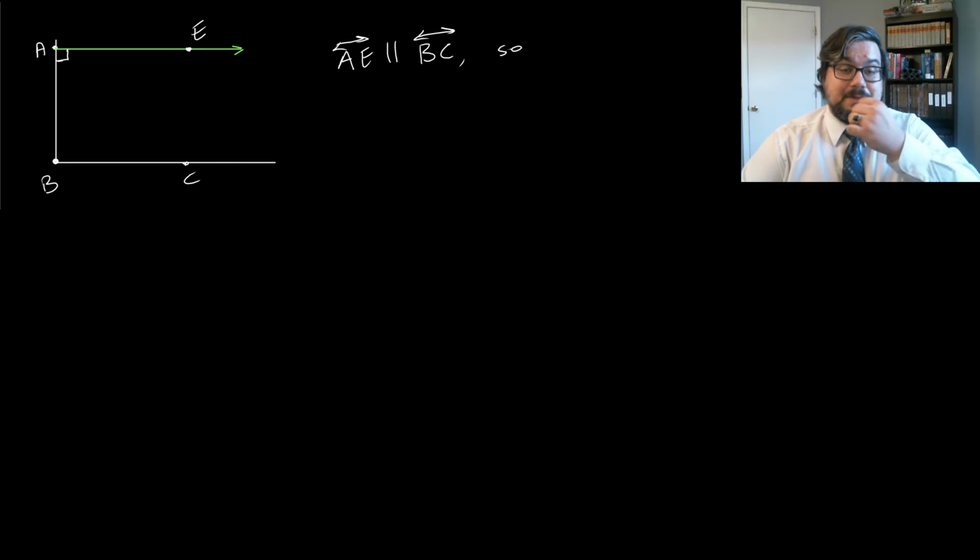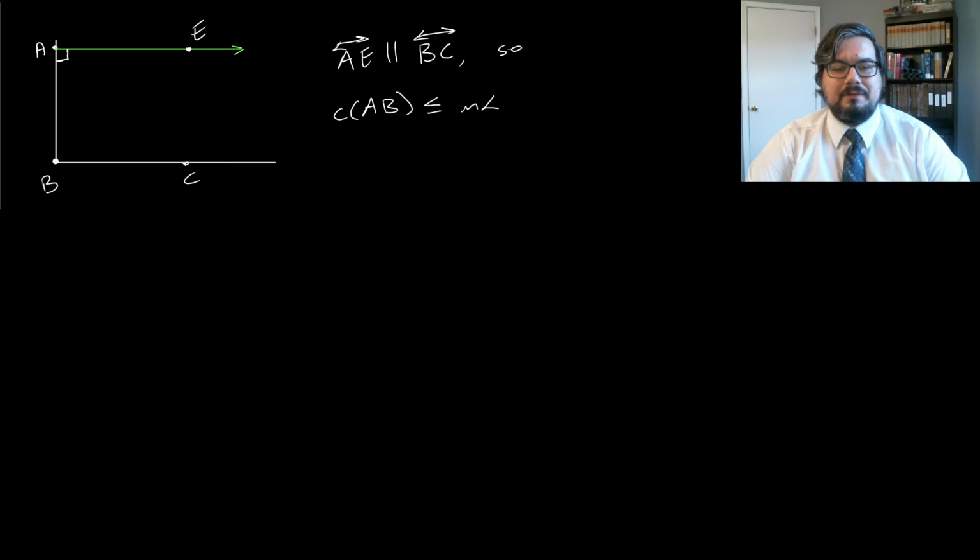So this means that the critical function of AB has to be less than or equal to the measure of angle BAE, which is 90. So in particular, this shows that the critical number of A is less than or equal to 90 for all A.